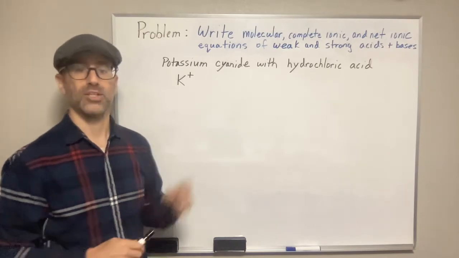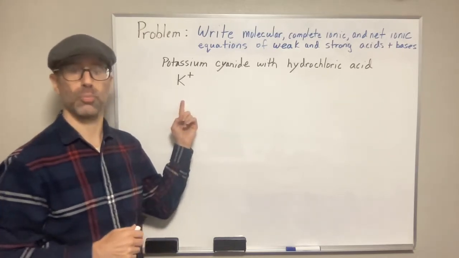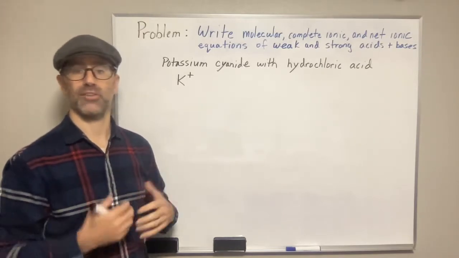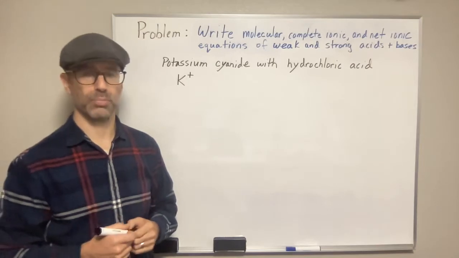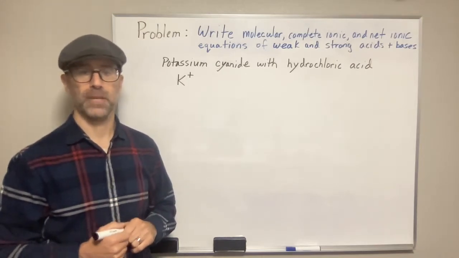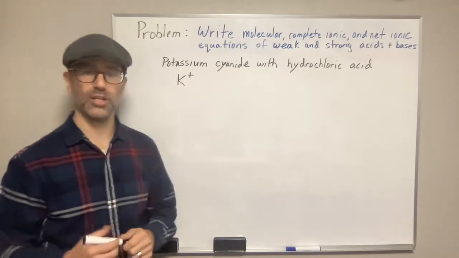Since potassium is in group 1A, it's going to have a +1 charge. If the element is in group 3A, it would have a 3+ charge. If it's in 2A, it would have a 2+ charge. So that's how I know it's a plus charge.